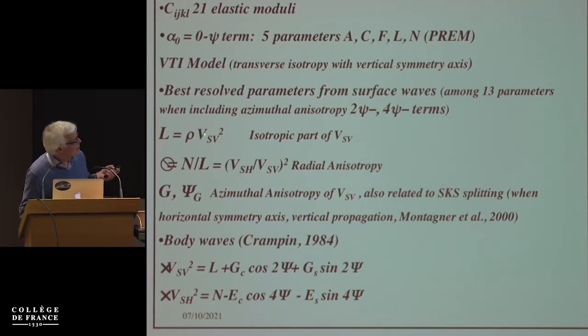So basically, we have only access to the isotropic part of Vs velocity, the radial anisotropy, which is the ratio between VSV and VSH squared, and the azimuthal anisotropy, which is the azimuthal variation of S-wave velocity.